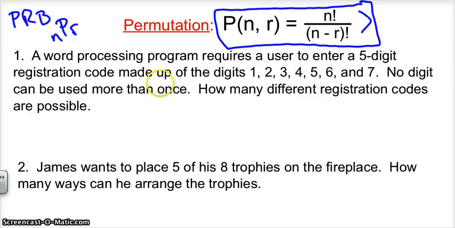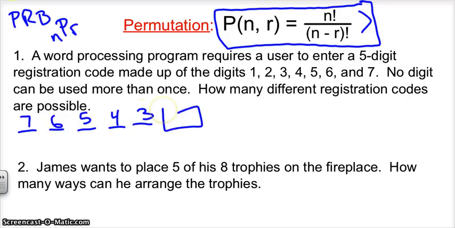So we have 7 digits to use. That means we have 1, 2, 3, 4, 5 spots that are available. We could put 7 here, then we could put 6 numbers here, 5 numbers here, 4 numbers, and 3 numbers. Notice how we do not use the 2 and the 1.